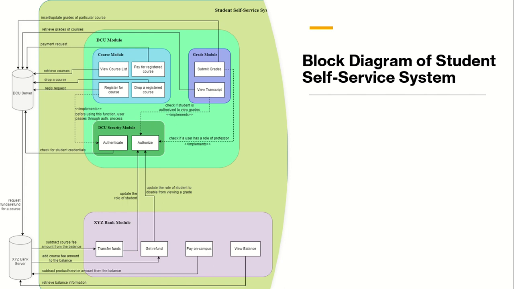So I just followed the basic logic, since, as we said, that application is necessary for the students, and that application involves only two organizations, which are DCU and the bank. So I created two separate modules for future scalability, and in terms of software quality.